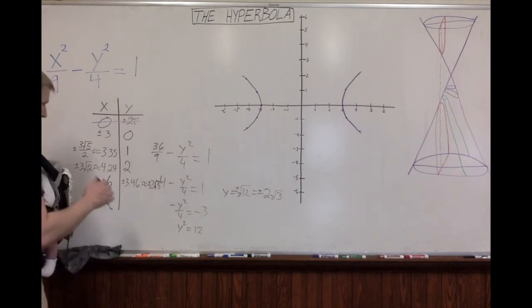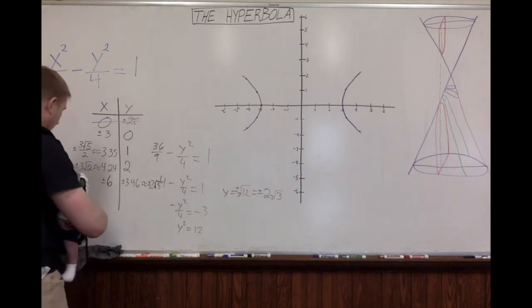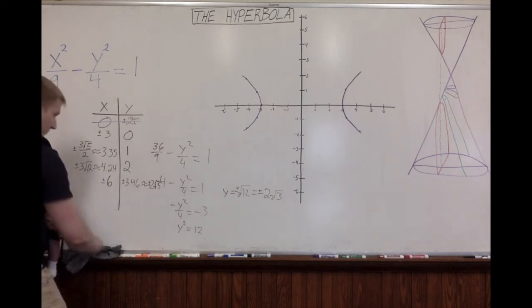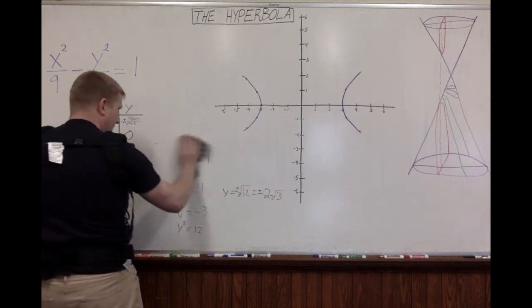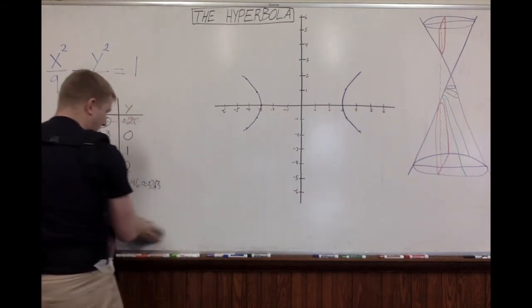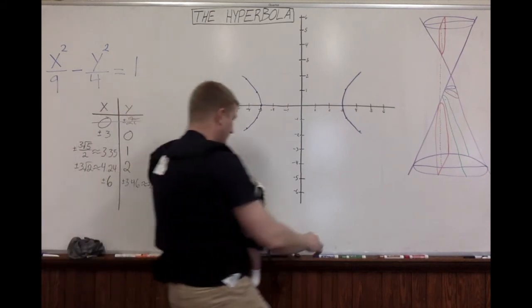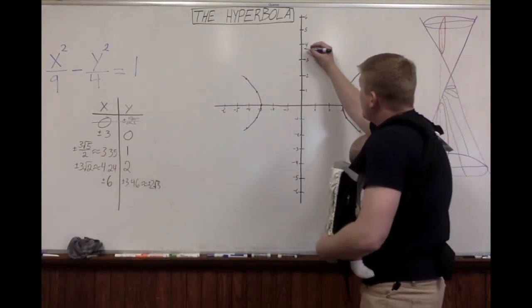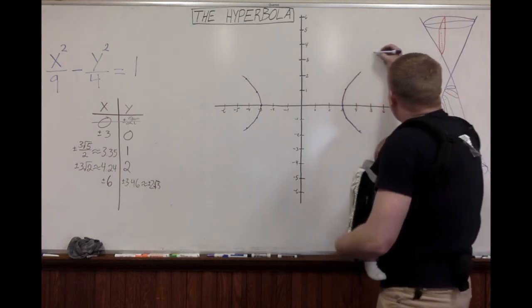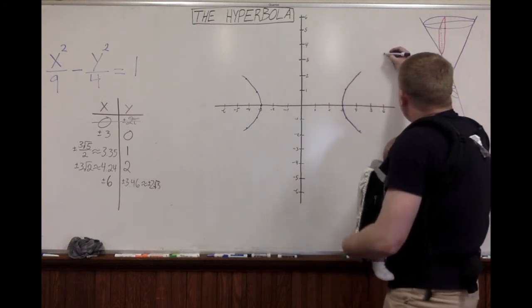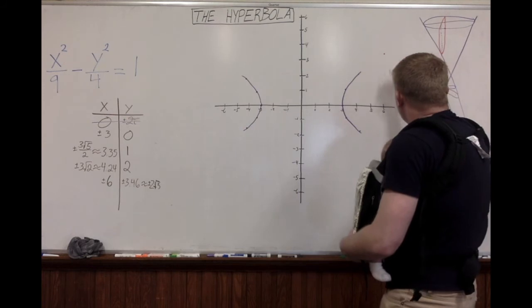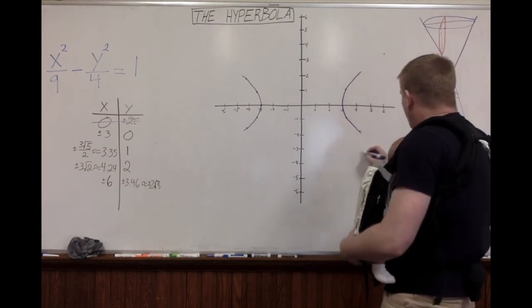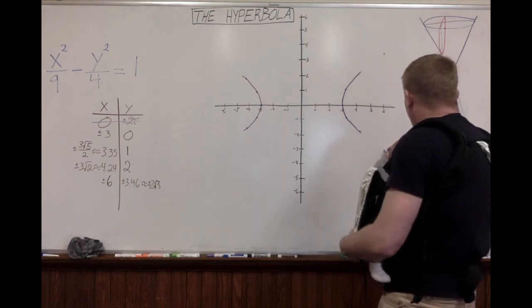All right. So enough on that. And now we can graph that as just one more data point. So 3.46, that's just shy of 3.5. Ish.